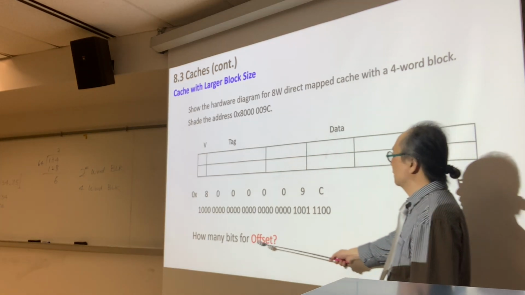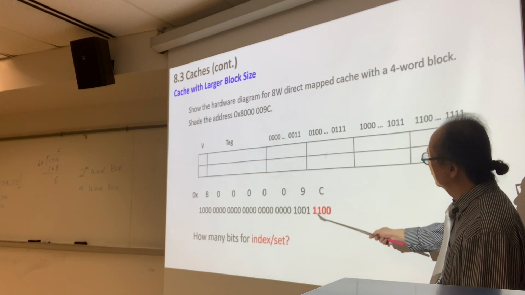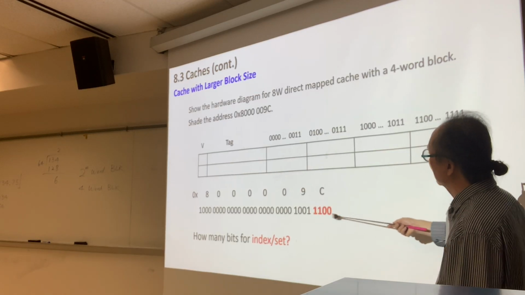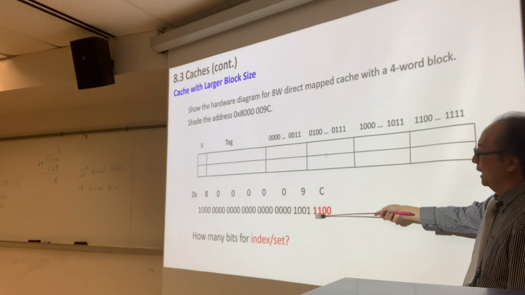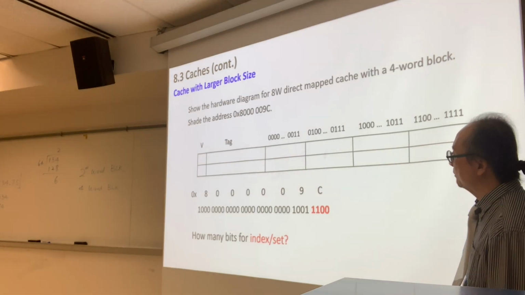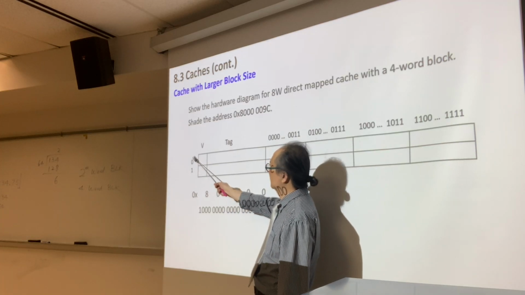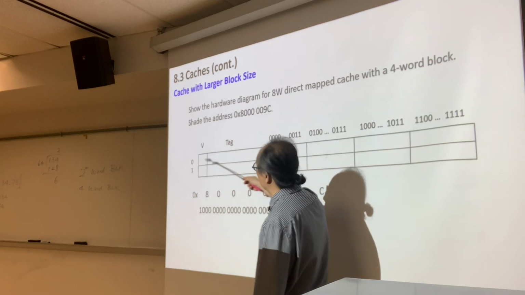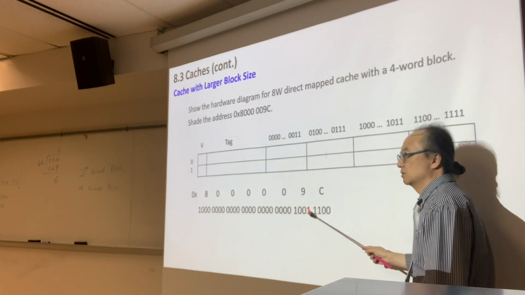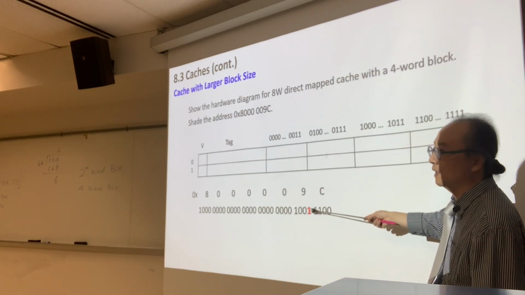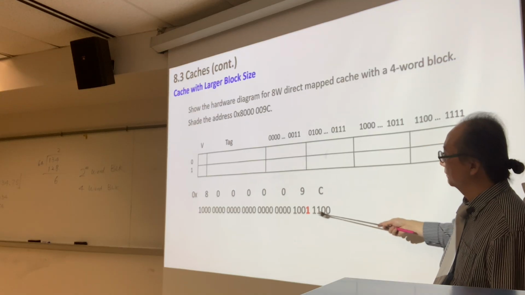So how many bits for offset? 4. So we dedicate the lowest 4 bits, 1100, as the offset. How many bits for index? Only 1, because we can name block 0 and block 1. The index bit is right after the offset.